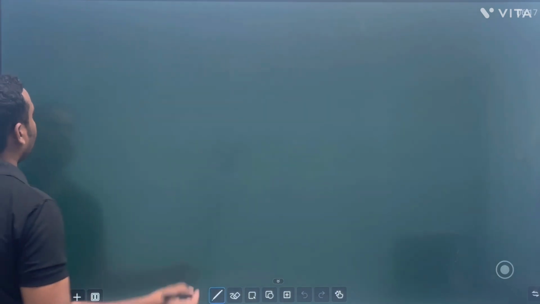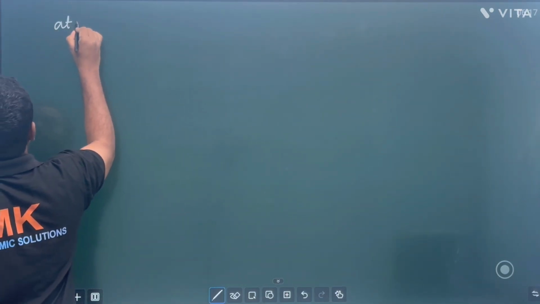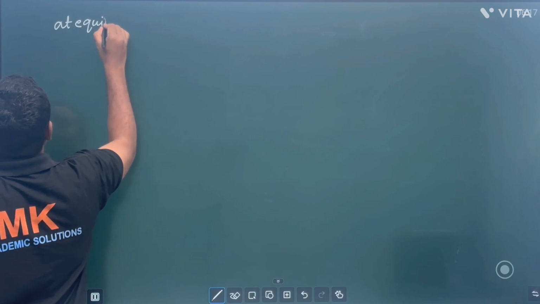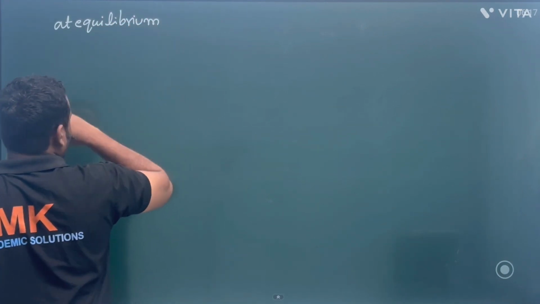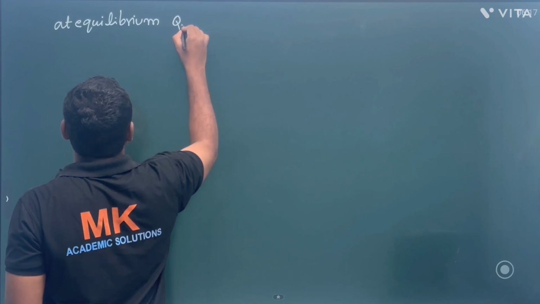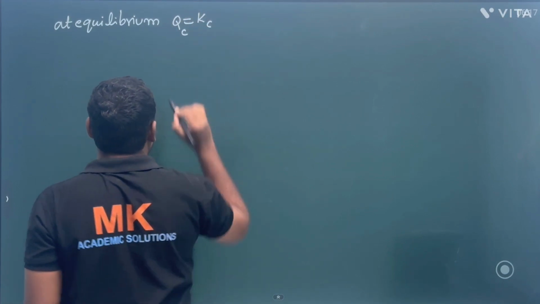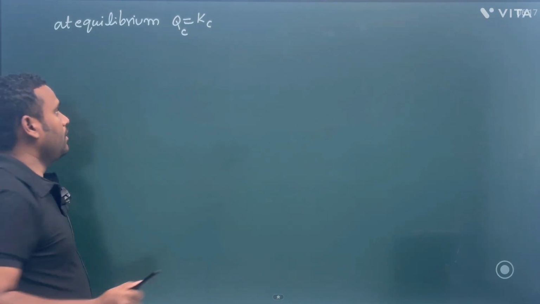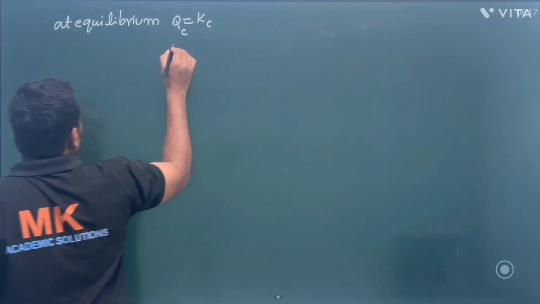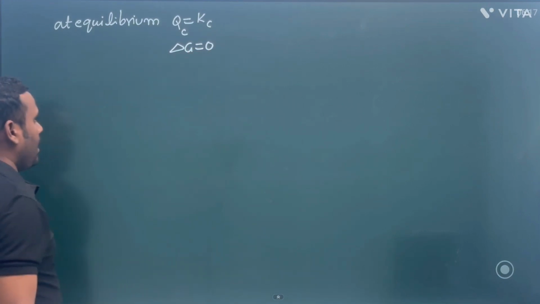Let us take at equilibrium. At equilibrium, what are the conditions you will get? At equilibrium, Q will become K, meaning Qc will become Kc, meaning reaction quotient will become equilibrium constant, and delta G is equal to 0. This thing will happen.